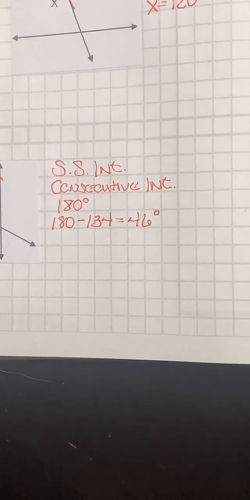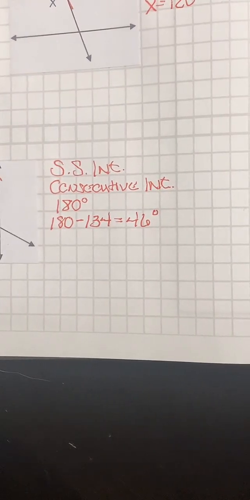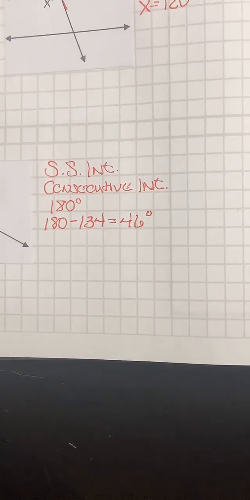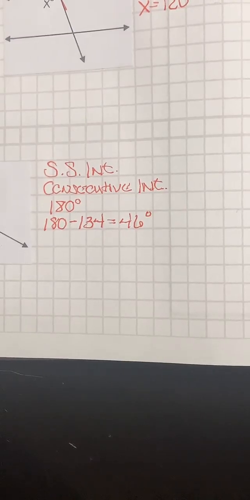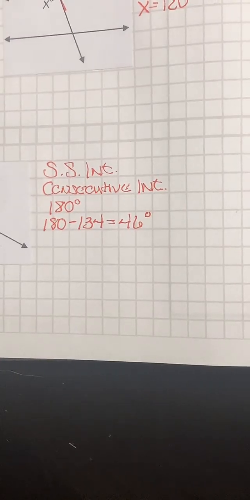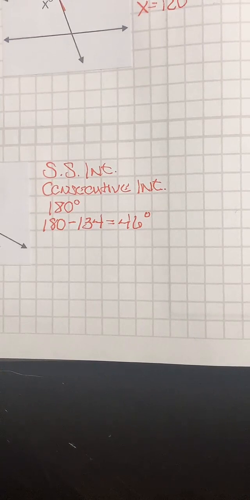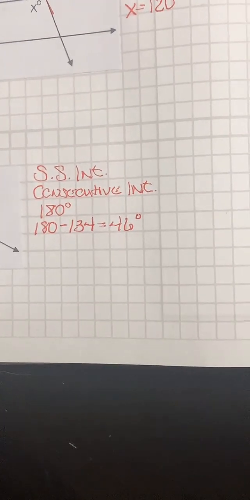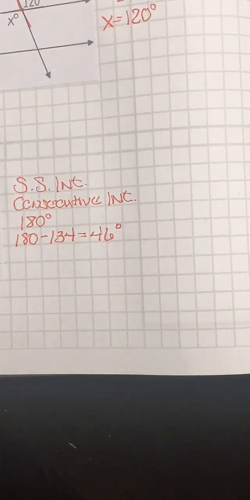Rate and time. What else? Proportions. I think I said probability, but if I didn't, I'll say it again. Probability. Statistics, looking at circle graphs, histograms, as well as bar graphs.